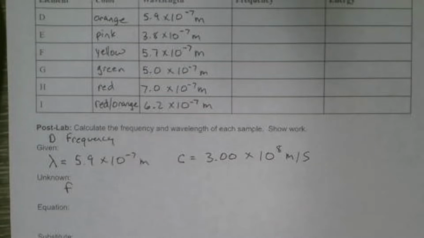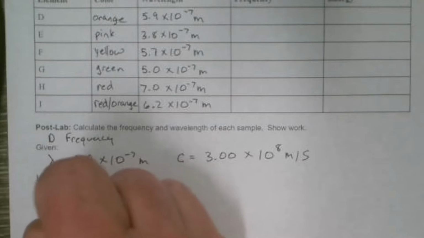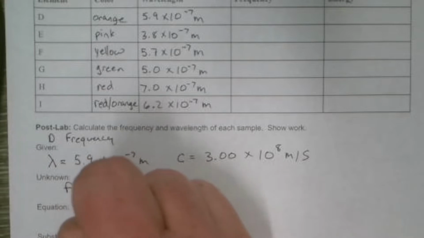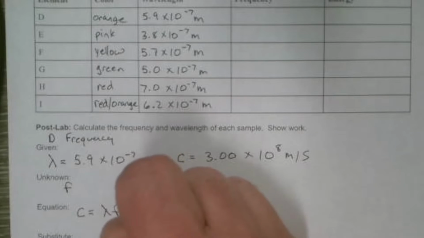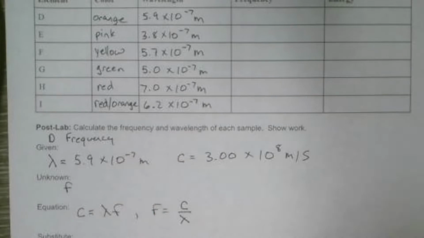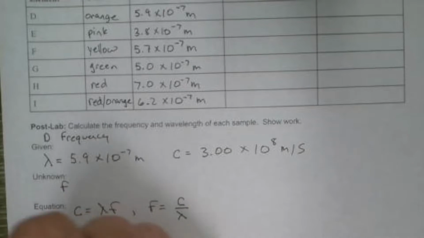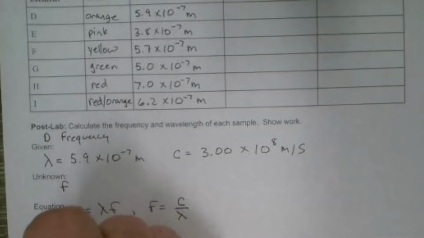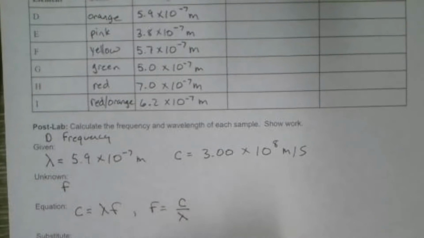The equation for frequency is C is equal to wavelength times frequency, but we're going to isolate the frequency variable, and we're going to do that by dividing by wavelength. So frequency is equal to the speed of light divided by wavelength. Now we need to substitute our numbers. So frequency is equal to the speed of light divided by wavelength, and we need to plug in our numbers.